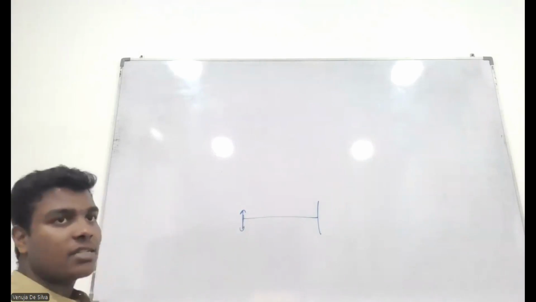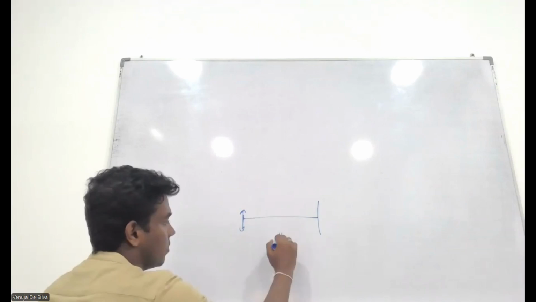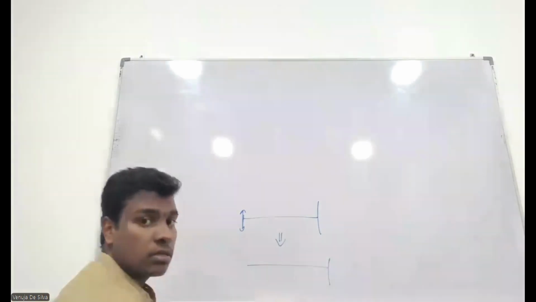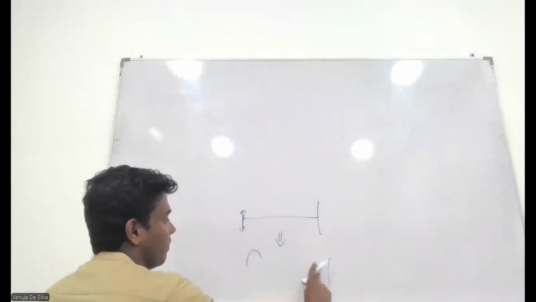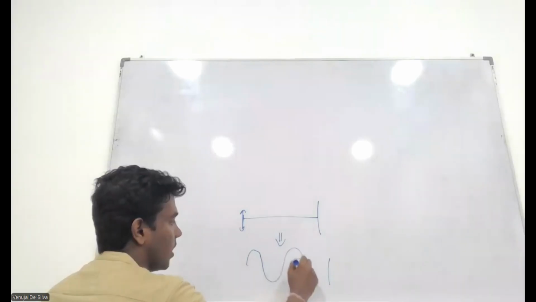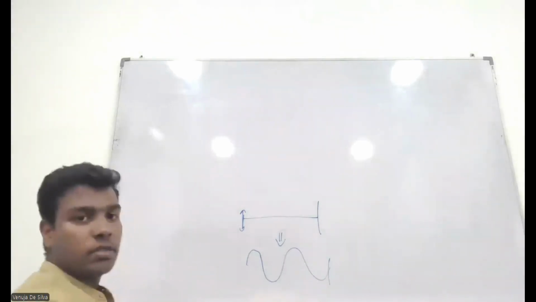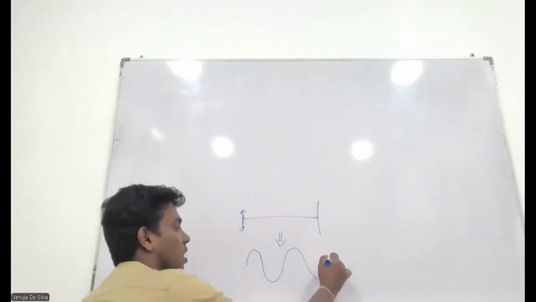What would happen? Initially, you will see this rope moving up and down like this.